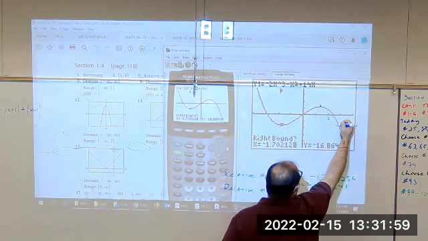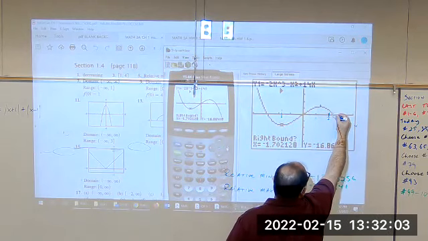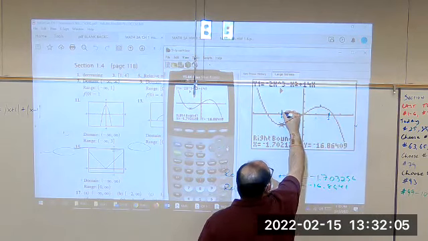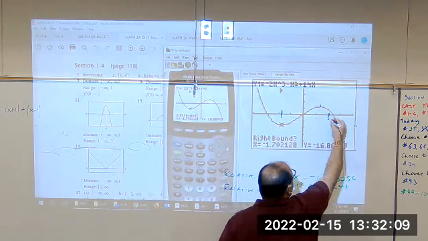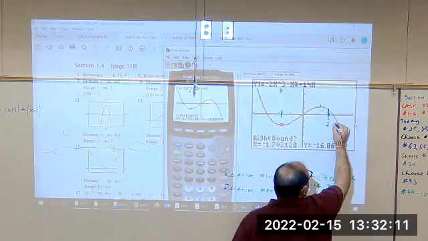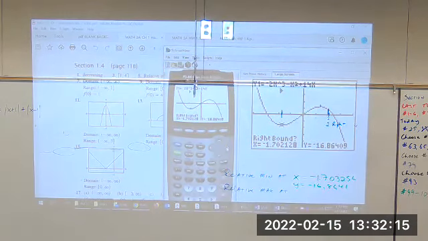The max is here. So it's somewhere between here and 2, isn't it? So this is my min, my left bound. I want 2 to be my right bound. So I'm just going to hit 2. Right bound equals 2, hit enter. And I don't have to do the cursor.